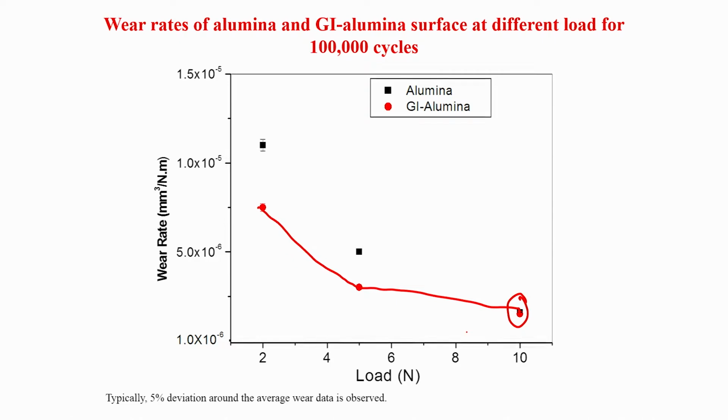In the case of as sintered alumina, the wear rate is also reduced. This is for the AS and this is for the AG. For the AG material, the wear rate is lower at 2 Newton and 5 Newton load, but at 10 Newton load they are more or less comparable.